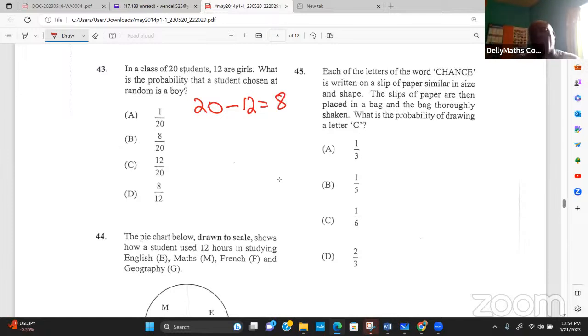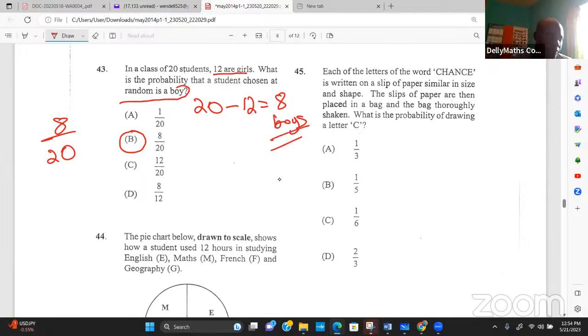So if I'm to choose a boy, I have a chance of 8 out of 20, all right? And if that is not there, you might find an answer that was rounded off, but it's there, 8 out of 20. So don't just grab the number and find the answer. Read what they want. Boys we're talking about, and there were 8 boys in that class.